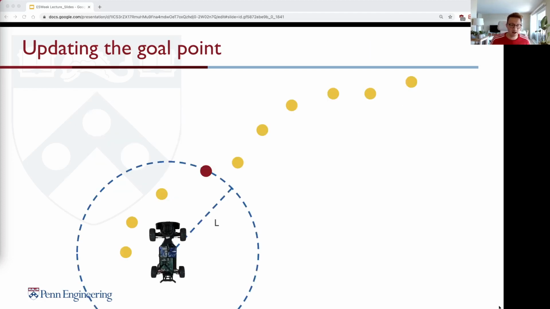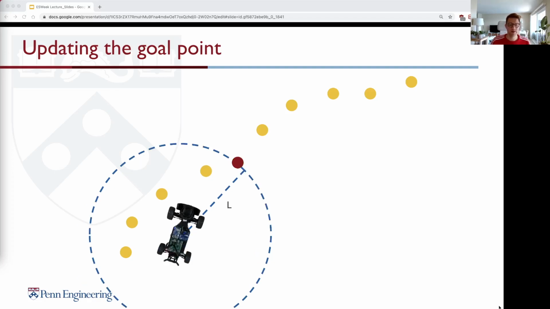How does this look from a graphical point of view? First of all, we have our look ahead distance. We are updating the goal point. We are now steering towards this goal point. The car steered, and then we choose the next goal point in our look ahead distance, which is now the red button.